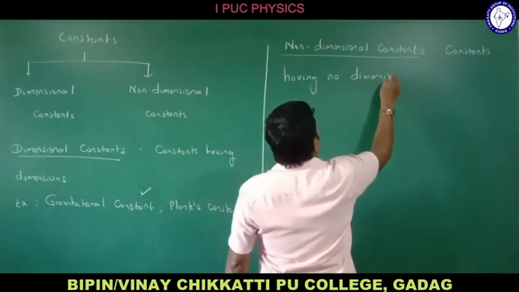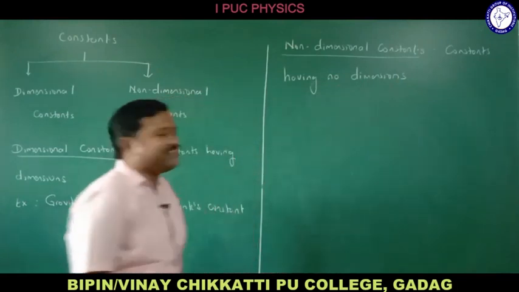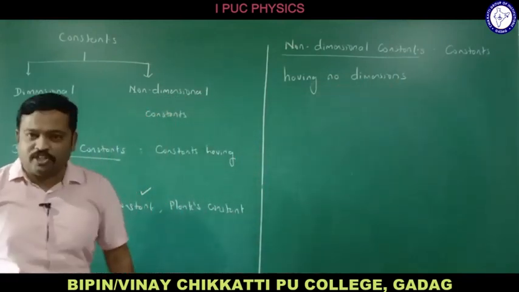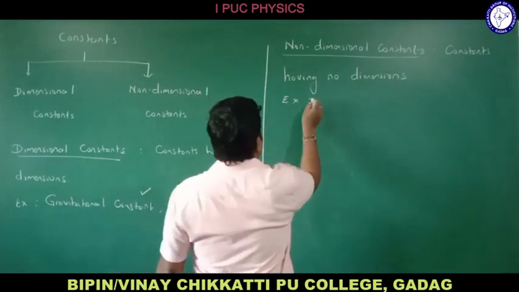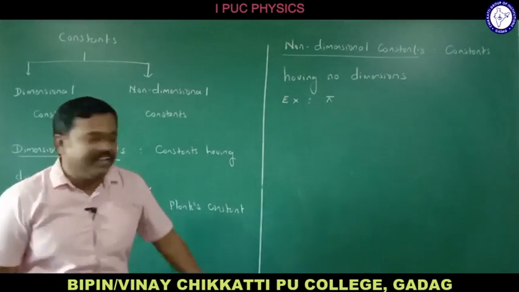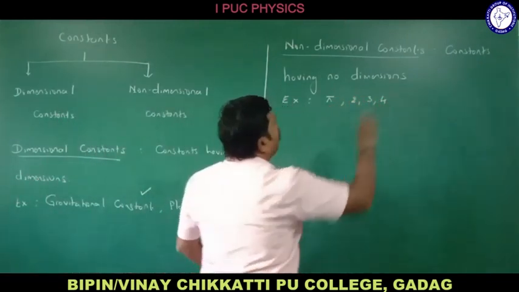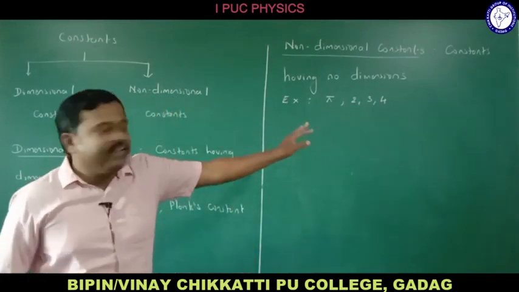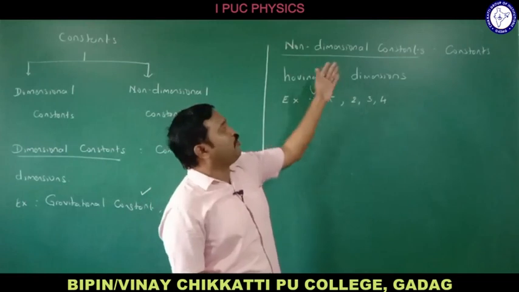There are some constants which do not have dimensions at all, so those kinds of constants are called non-dimensional constants. Let us take an example. Pi is a constant. You know its value, 22/7, right? Any number you take does not have any dimensions, so all numbers come under non-dimensional constants.